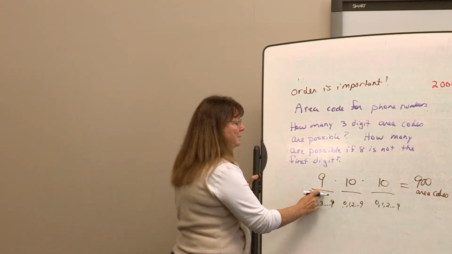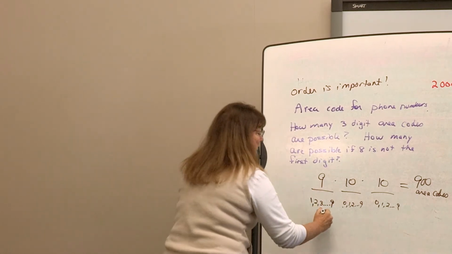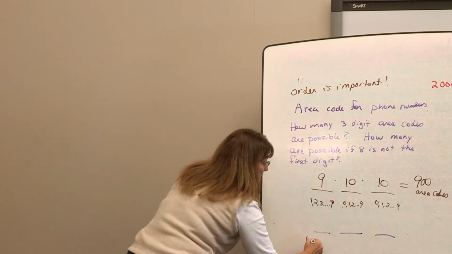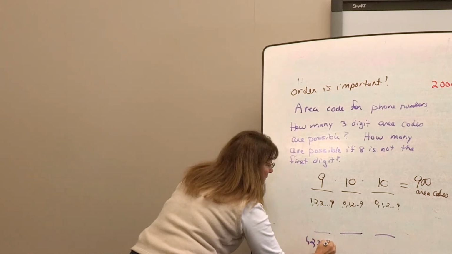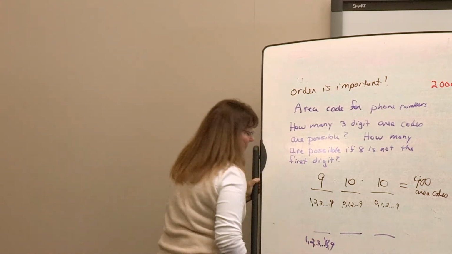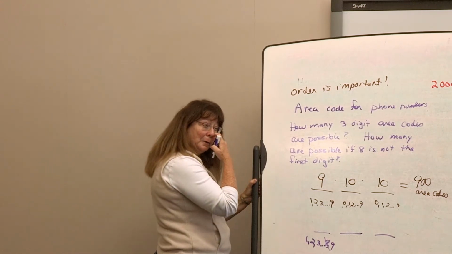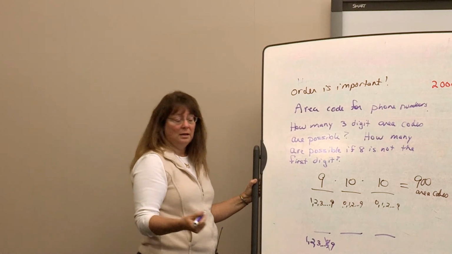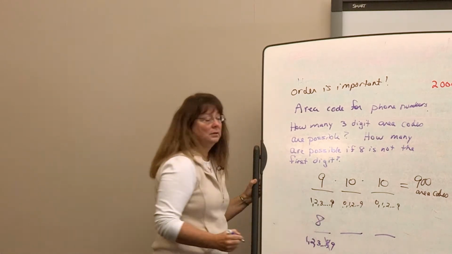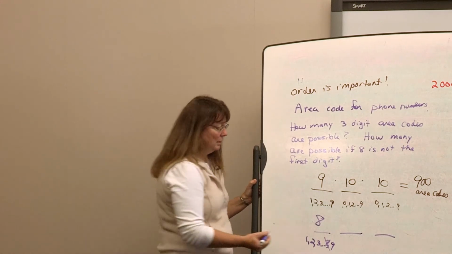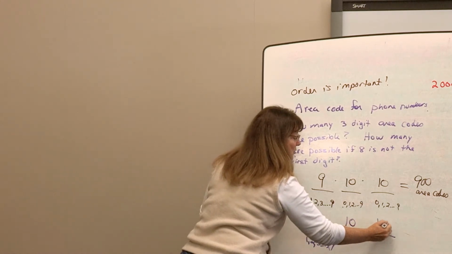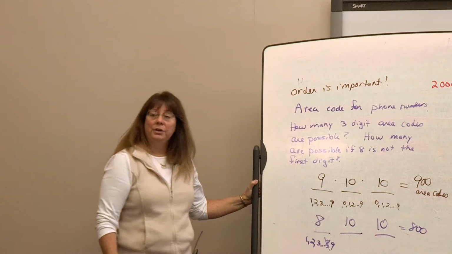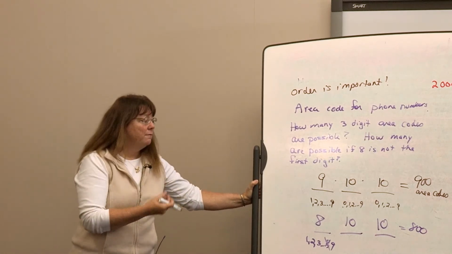So if I eliminate 8s, and I want to look at this again, I now no longer have 8s, I only have the numbers 1, 2, 3, 4, 5, 6, 7, and 9. There are 8 choices here because I've eliminated one of those choices. I still have 10 choices here and 10 choices here, but now I only have 800 area codes that are options for working with this.